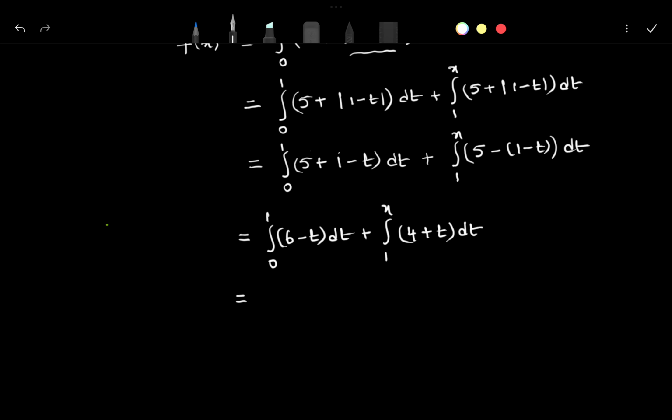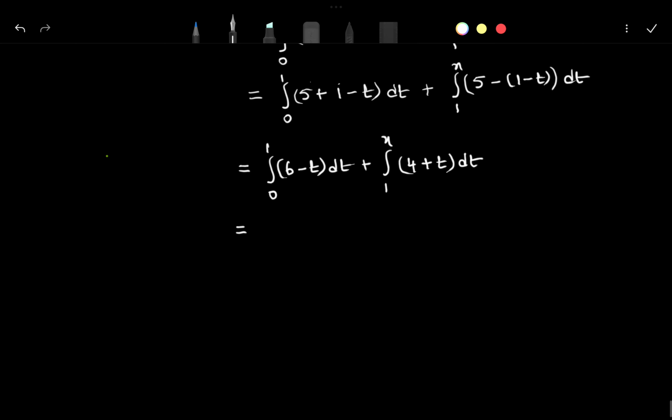What is the integration of 6 minus t dt? The integration will be 6t minus t square by 2, right? The limits will be 0 to 1. Plus, integration of 4 plus t will be 4t plus t square by 2, with limits 1 to x.